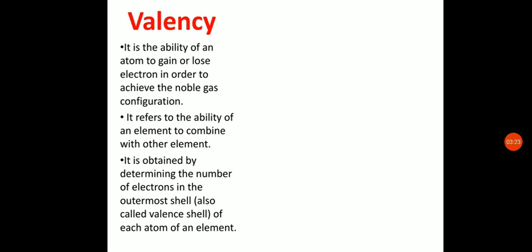Or you can say the combining capacity of an element with another element is known as the valency. It is obtained by determining the number of electrons in the outermost shell. The outermost shell is also called the valence shell of each atom of an element.